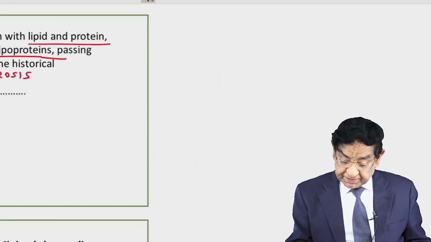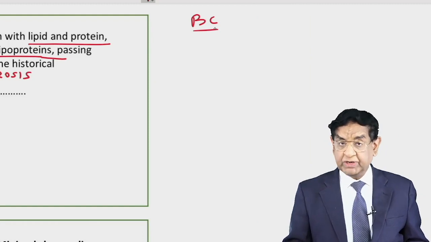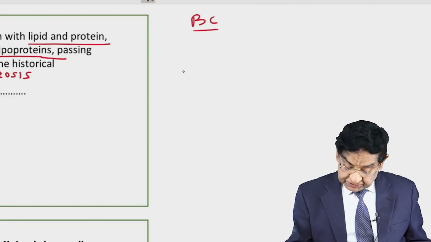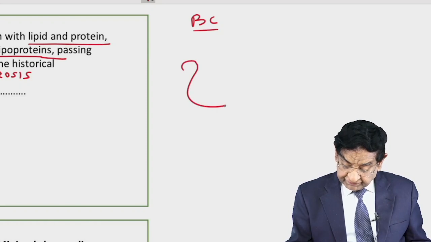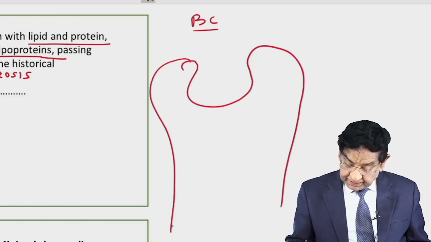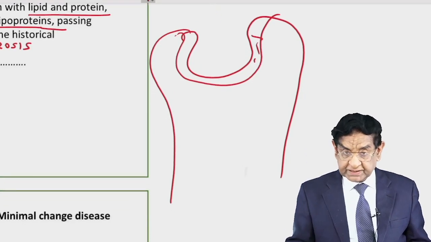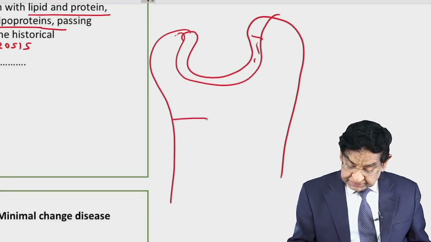So let's learn the basic concept about why and how lipid goes into the cells. So here is the nephron, Bowman capsule, and these are the visceral epithelial cells. But at the moment, I'll be just drawing the tubular cells. These are tubular cells.